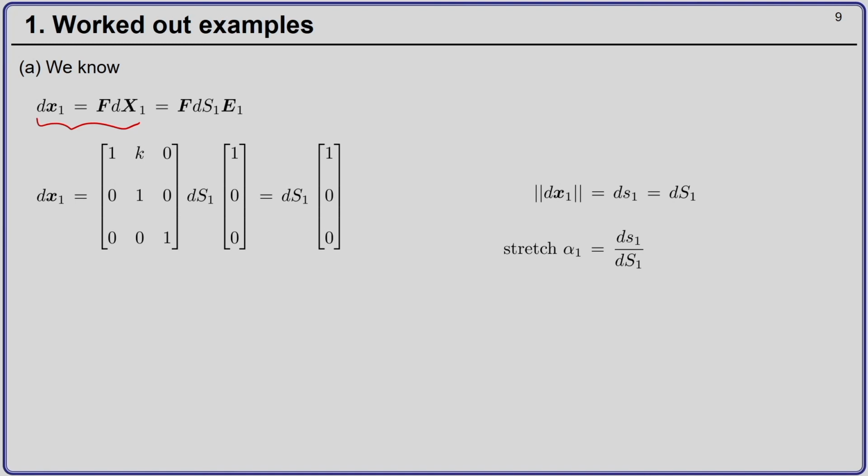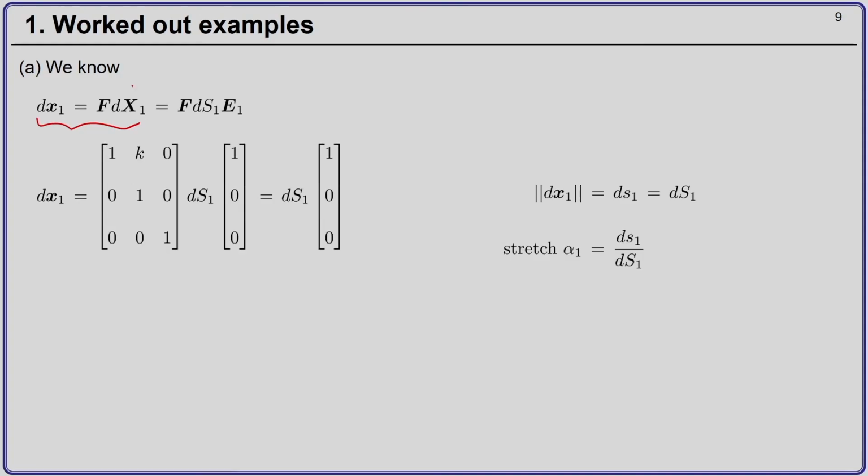For simplicity, just take the length of the vector to be dS1. So, the vector dX1 will be nothing but dS1 into the unit vector E1, which is 1 0 0. To calculate the spatial element dx1, we just have to multiply by F. So, F dX1 gives you ds1 times 1 0 0. So, what does this deformation mapping do? It does not change the length of any vector which is along the E1 direction.